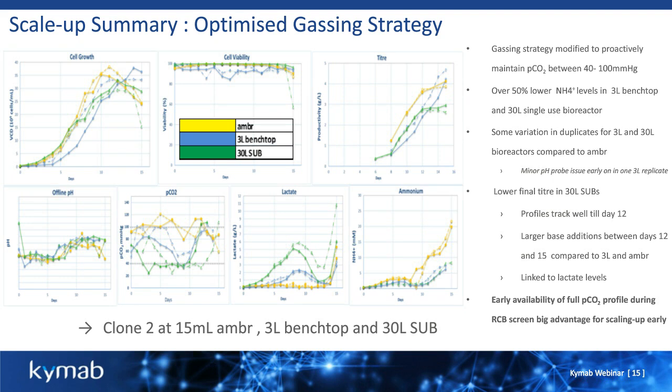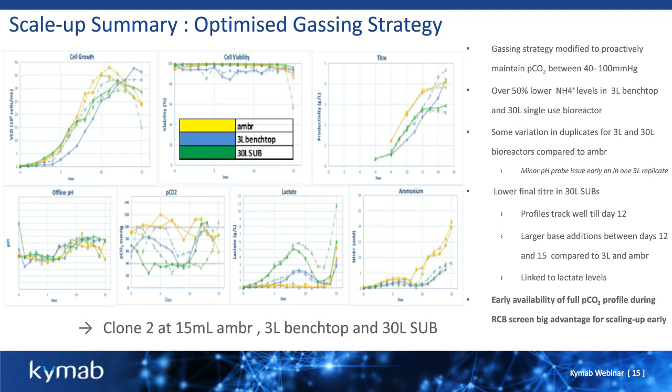And by doing so, we were successfully able to control the PCO2 levels between 40 to 100 millimeters of mercury. And by proactively controlling the PCO2 levels, we were able to reduce the ammonium levels by around 50% compared to the ambr bioreactors.